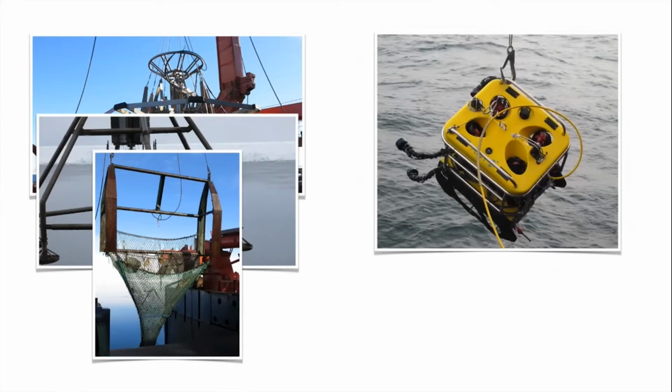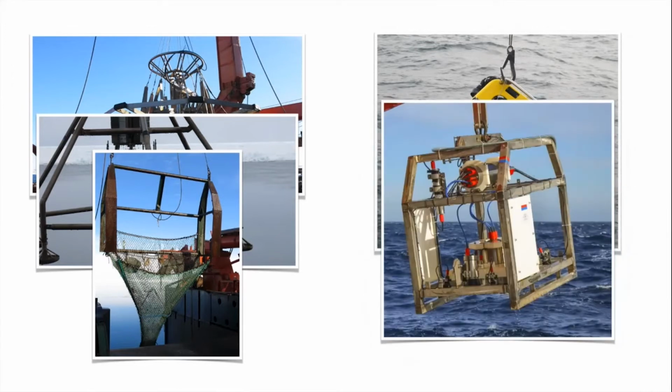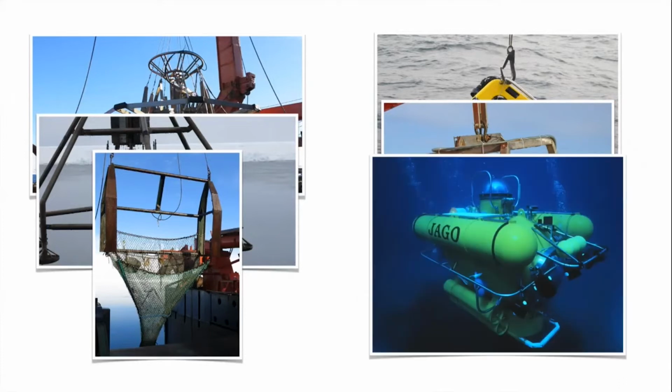On the other side, the visual methods are also different from each other. The ROV is one of the most used methods. Also, photographic systems are used to observe the seafloor. They are quite cheaper than ROVs, and at the end, the use of a submarine is a more sophisticated method and also more expensive.